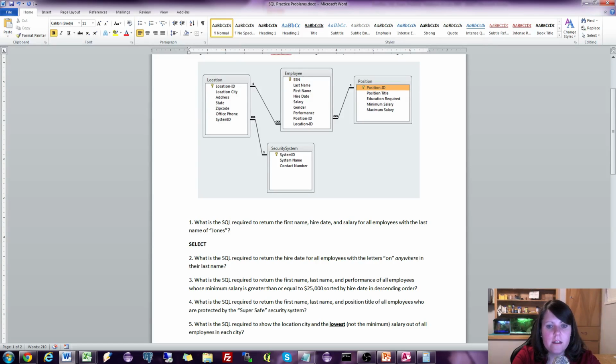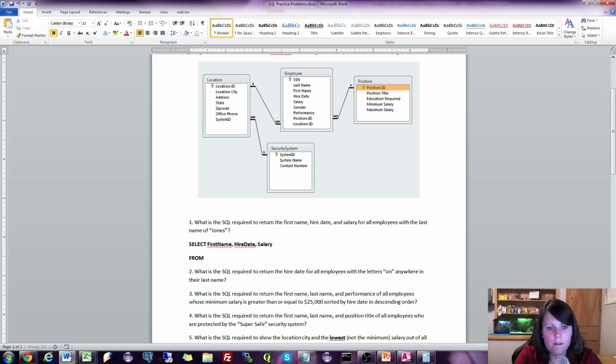So select first name, and in Access you do not have to use it, so I'm actually just going to write this as though there's no space here. First name, hire date, salary, from.